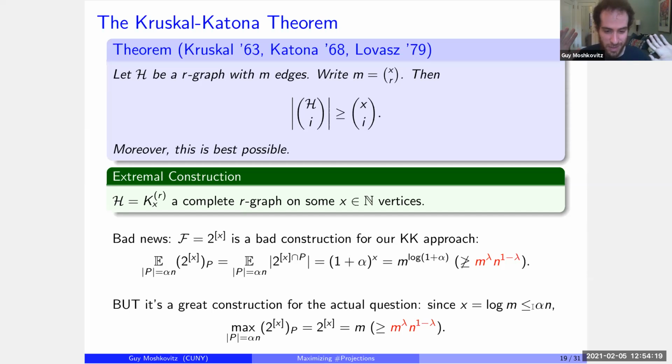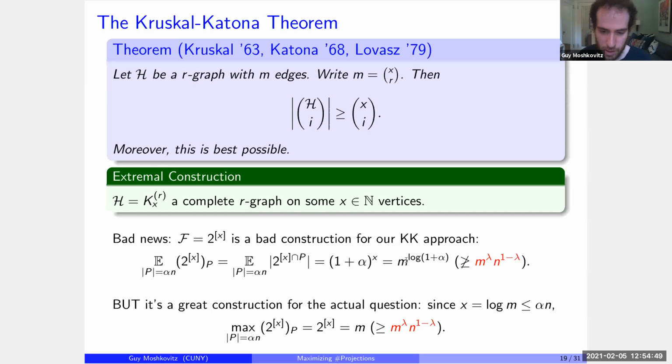So instead of randomly choosing your coordinates, be smart about it. Choose a set of vertices that includes those x vertices, and the rest don't matter. And your projection is going to be everything, trivially. So actually, this bad construction is a fantastic construction for the original question. We get many projections, which is definitely the best you can hope for.